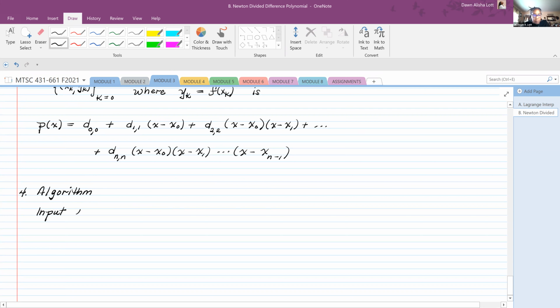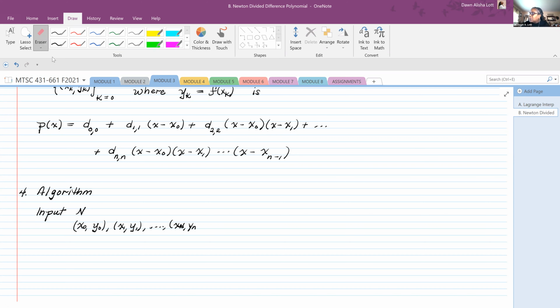Then you need to know your x0, y0, x1, y1, all the way up to xn, yn. That should be a capital N. And let's make this a little n.